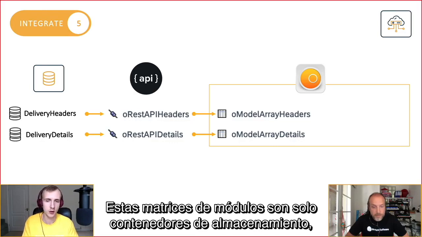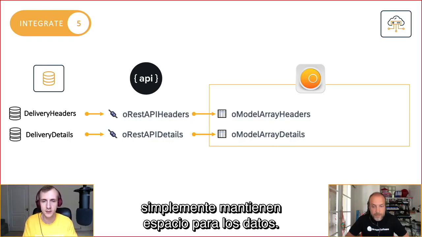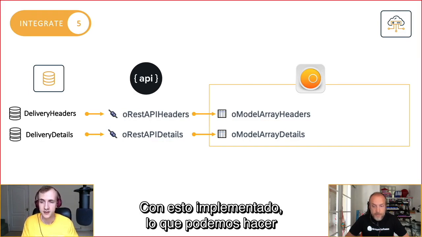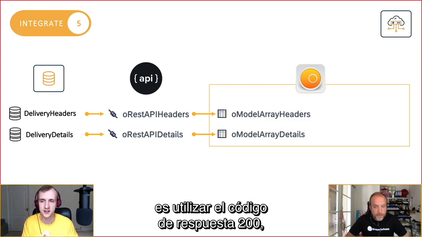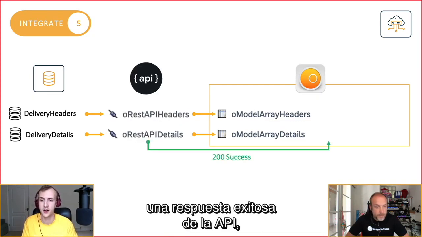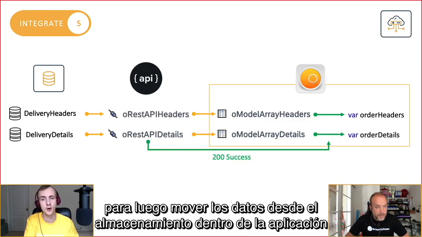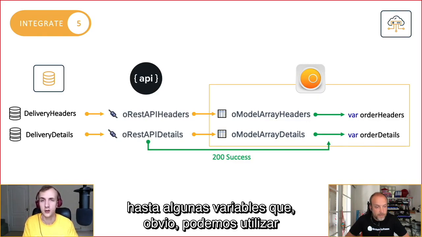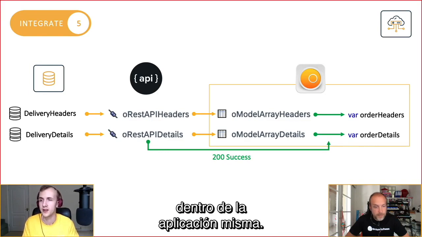And these model arrays are simply just storage containers, essentially, just a holding space for the data. And with this implemented, what we can do is we can utilize the 200 response, so a success response from the API, to then move the data from this internal storage within the app into some variables where then we can obviously utilize them within the actual application itself.